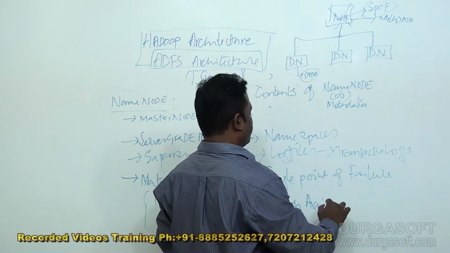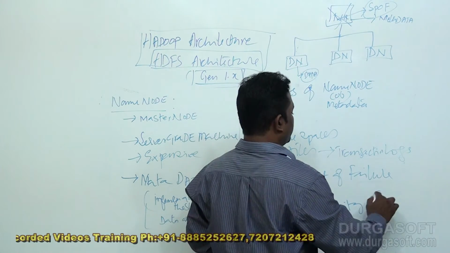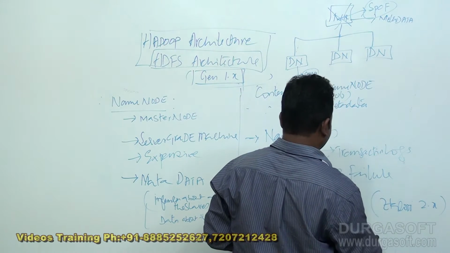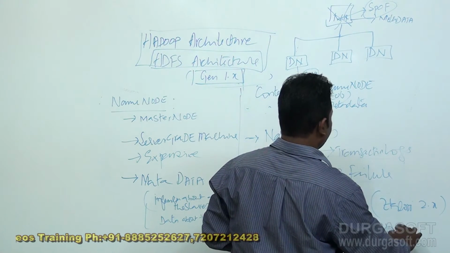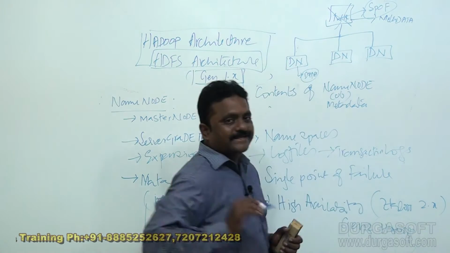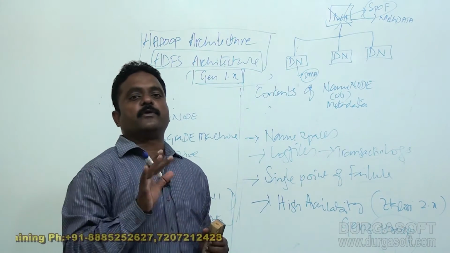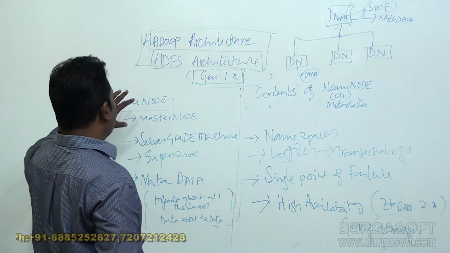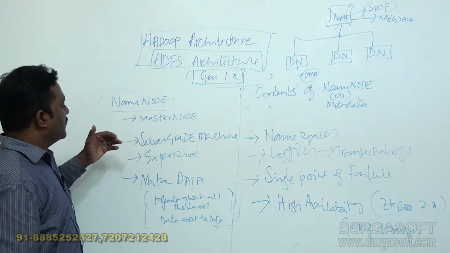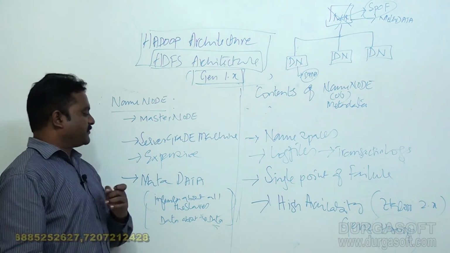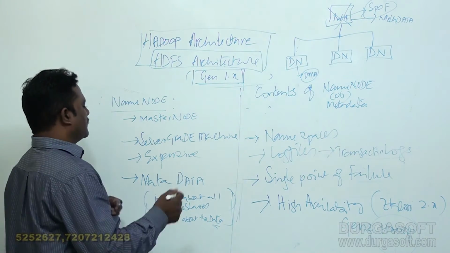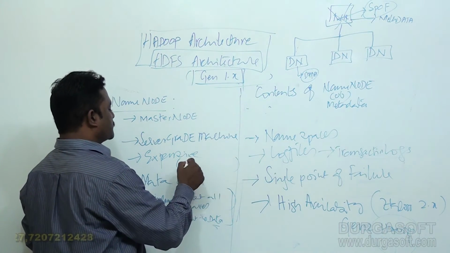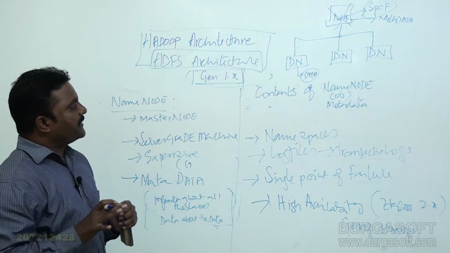High availability was introduced in the Hadoop 2.x version, or Gen 2 Hadoop. So remember, we will be looking at the architecture of the 2.x version as well. As of now, we will only be looking at the 1.x version of the architecture. So the name node is a master node which is of server grade, or a very expensive machine. Expensive, I mean to say any good processor like an i7, but when it comes to RAM, generally all the machines on a data node.